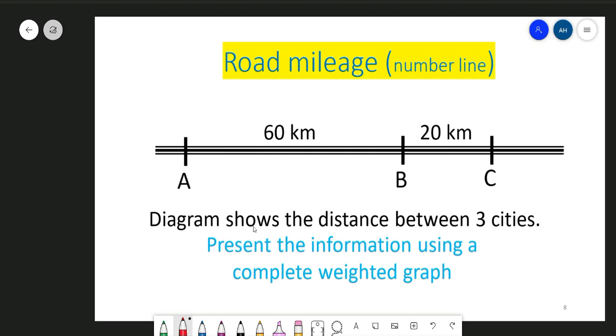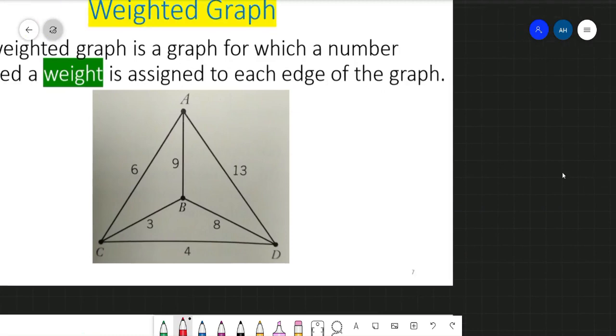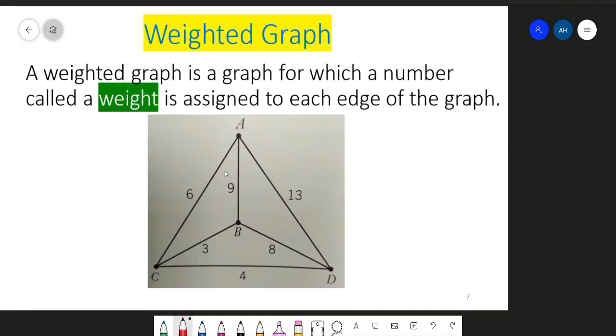Now, the diagram shows the distance between three cities. Present the information using a complete weighted graph. Like the previous one, like in this graph here, this is a complete graph because there is an edge that connects any pair of vertices, and at the same time we have numbers assigned to each edge.